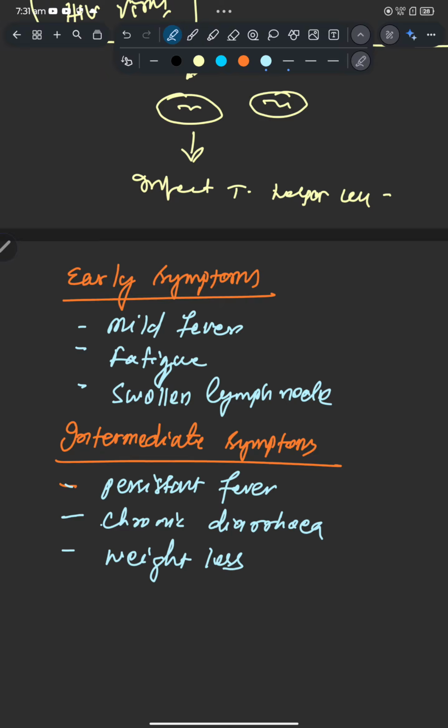Okay, and besides that, gradually there will be loss of appetite, and night sweats. So these are the intermediate symptoms. Now come to the advanced symptoms.